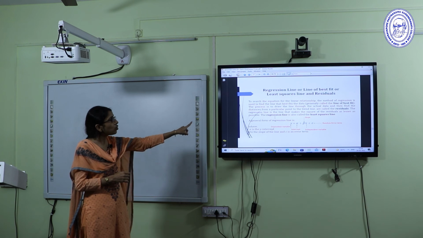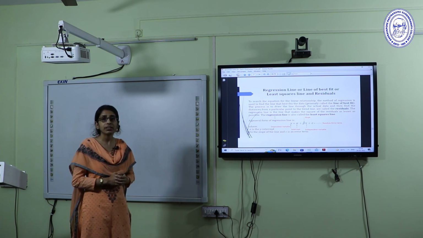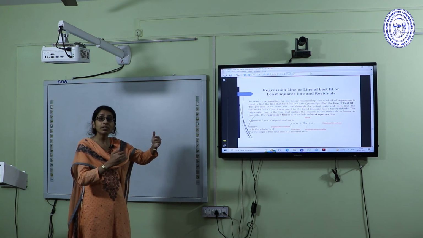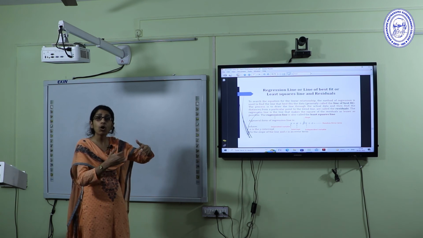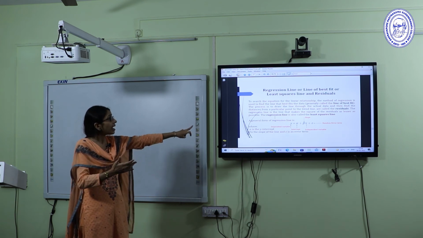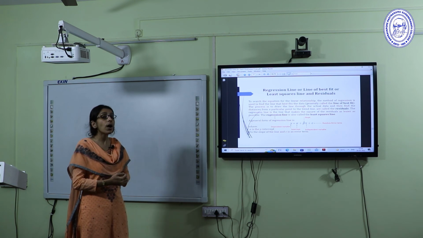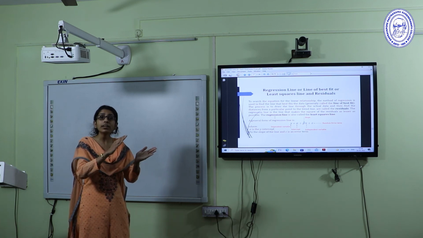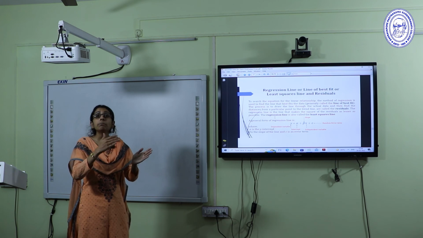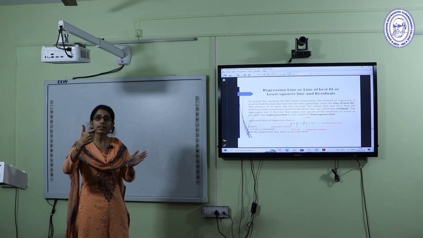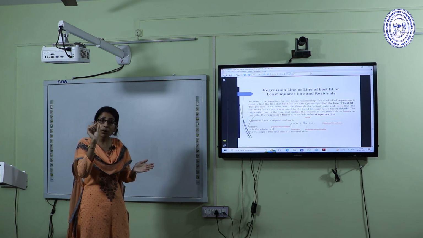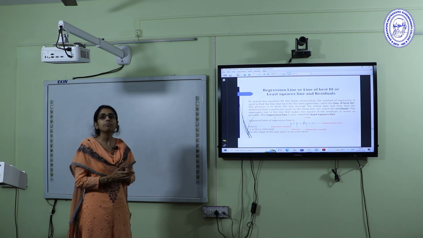And beta is the slope of the independent variable. That means beta is the amount of change in the y variable, your dependent variable, caused by a change in the independent variable. As the y variable depends upon your x variable, the rate of change of x which influences y is denoted by beta.